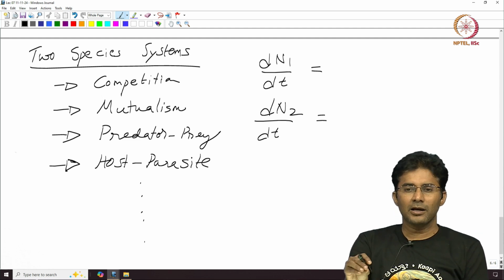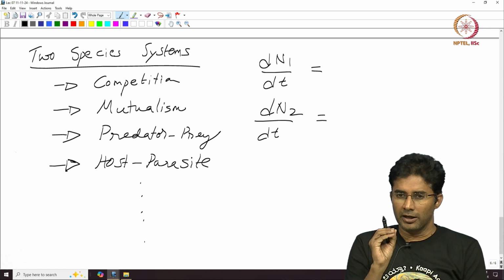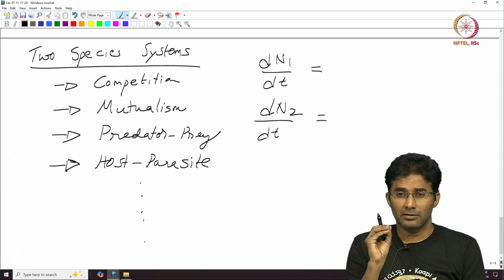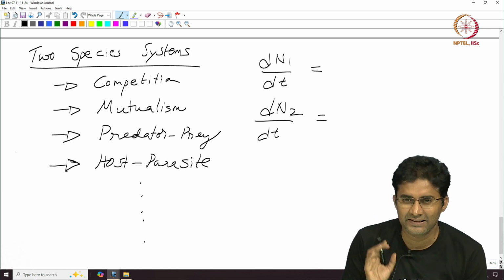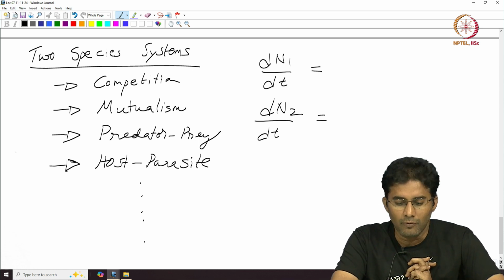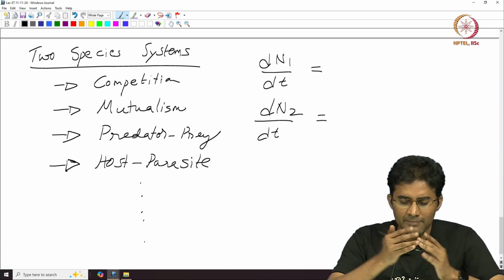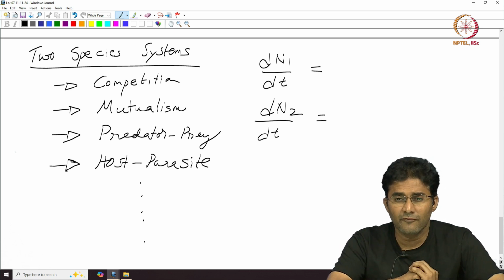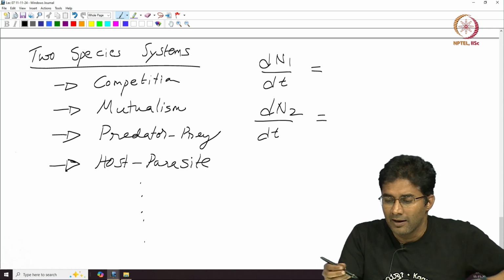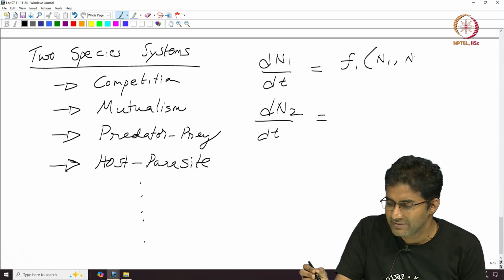Of course, we learnt how to write these equations only in the context of interspecific competition, in addition to intraspecific competition. But the general formalism of these differential equations can be used to describe many of the other systems as well, and in those cases we can replace the specific forms with a more general form such as this.